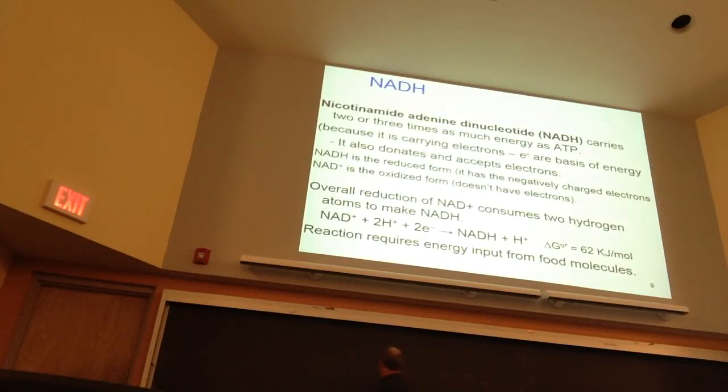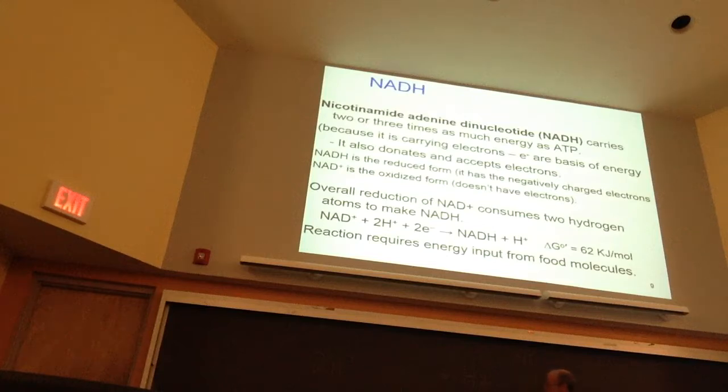My real point is a single electron. When a proton, which lacks an electron, accepts an electron, it's a hydrogen atom, and sometimes that's abbreviated like this.